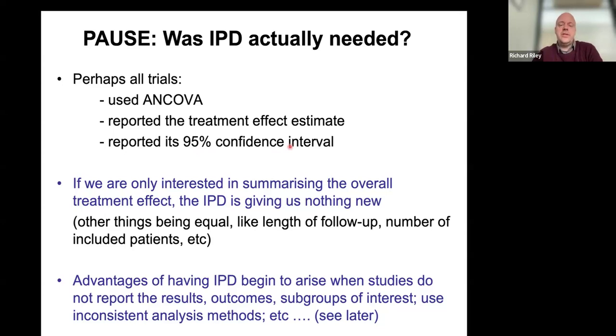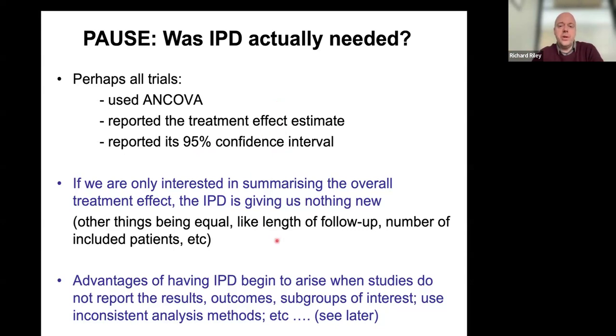Then if I was only interested in the overall treatment effects, I didn't need the IPD because they were good quality trials, they were well reported, they used the right analysis methods, and I could have saved myself 2 years getting that data. So really carefully think about the quality of the existing trials and what it is you need before embarking on an IPD meta-analysis. However, of course, IPD meta-analyses are going to be needed in many situations.